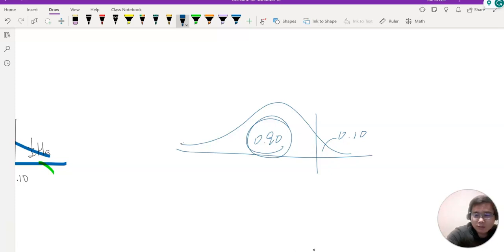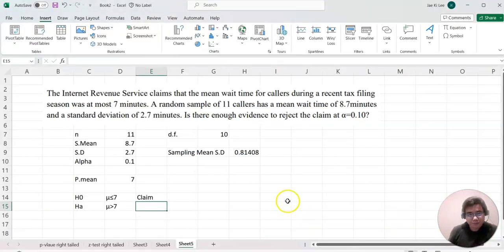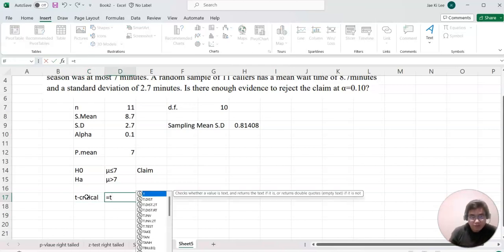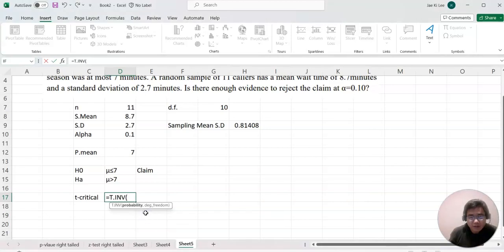So here is the algorithm. t critical equals T.INV, and then you put the probability, which is 1 minus alpha, comma, degrees of freedom 10 here.